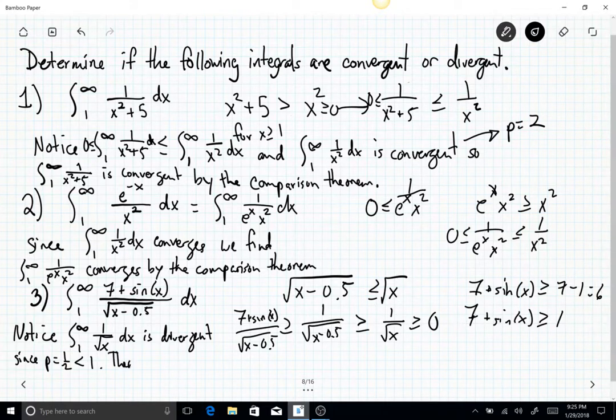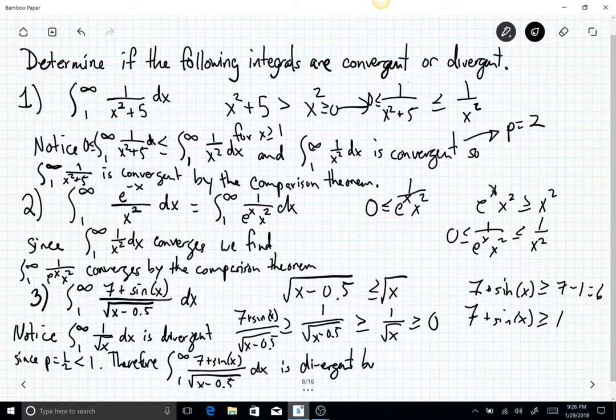Therefore, our integral from 1 to infinity of 7 plus sine x over square root of x minus 0.5 dx is divergent by the comparison theorem. And that's going to be the real trick to all these, finding the appropriate function.